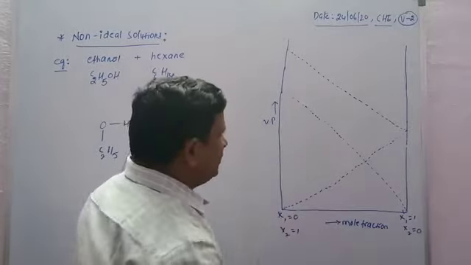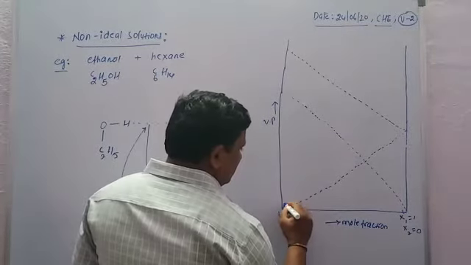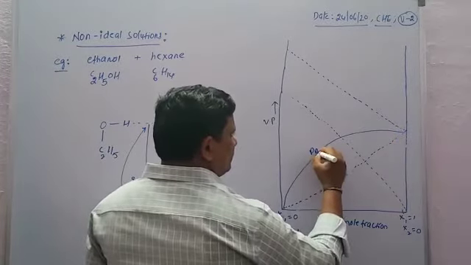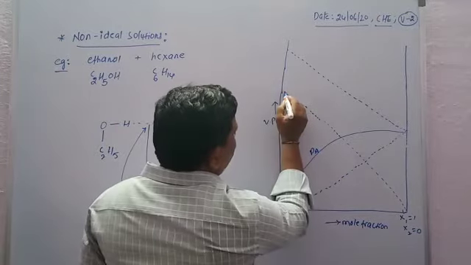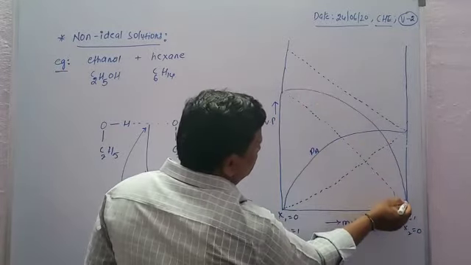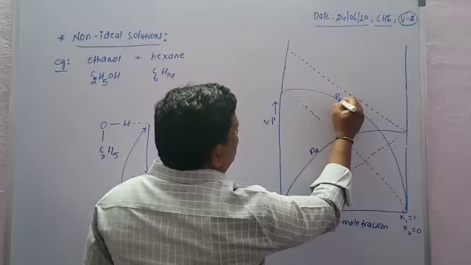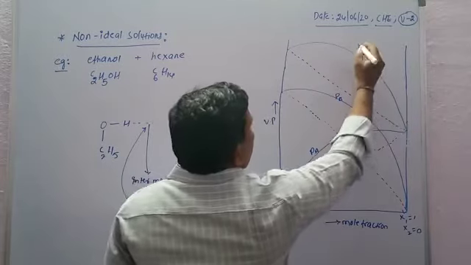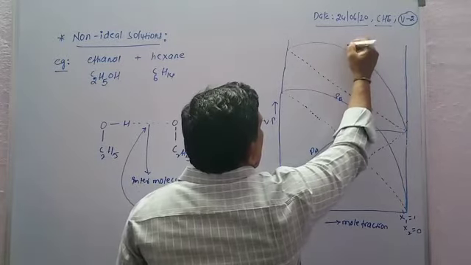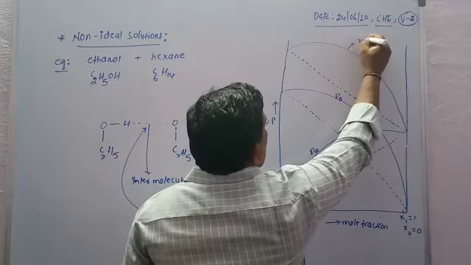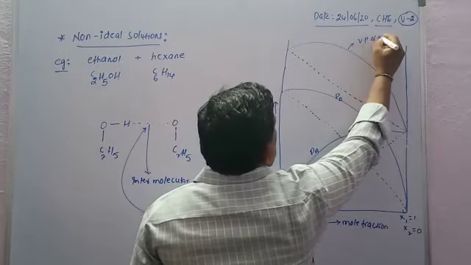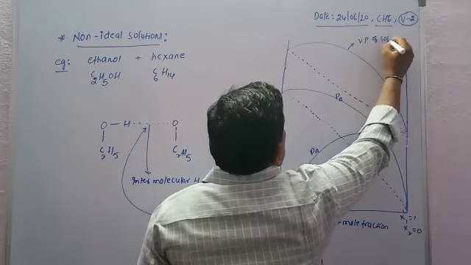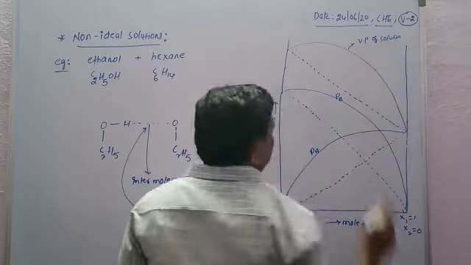So now the obtained graph is, it is PA, it is PB, and it is the vapor pressure of the solution.